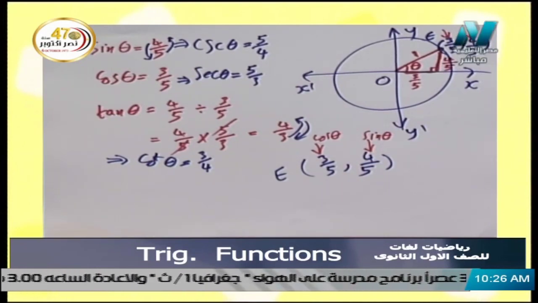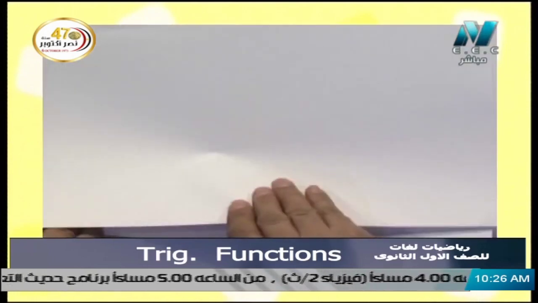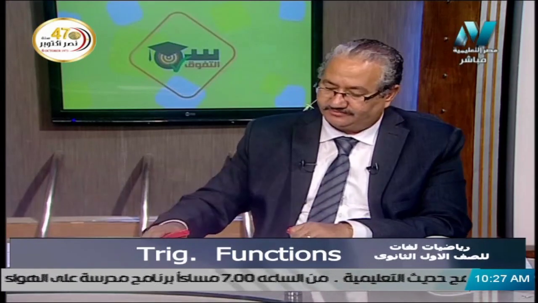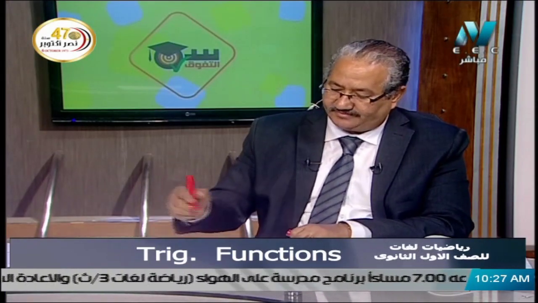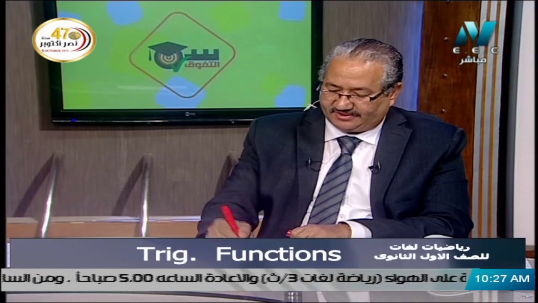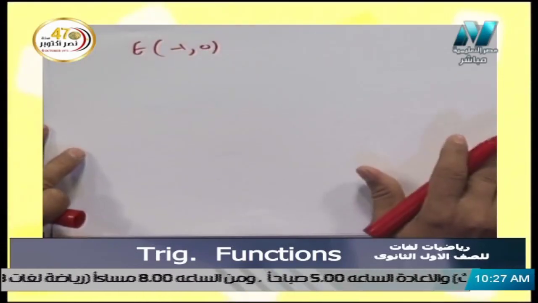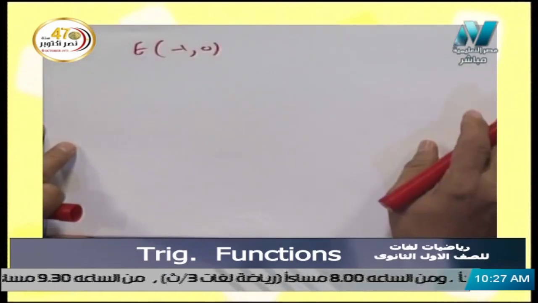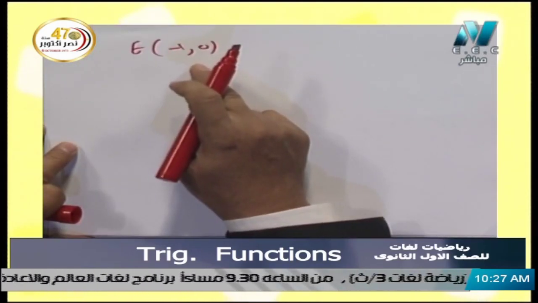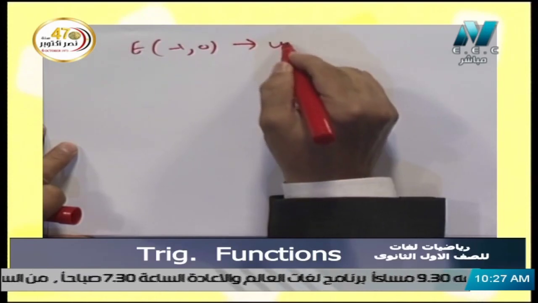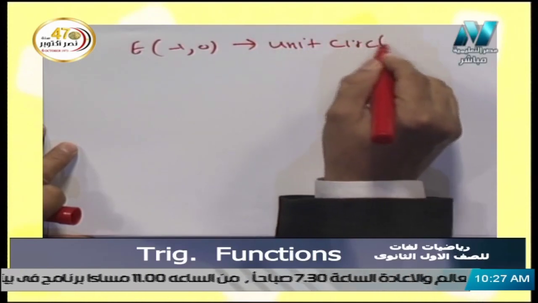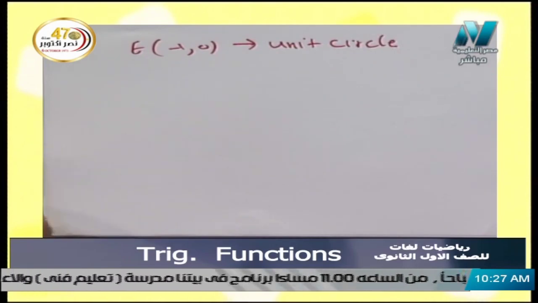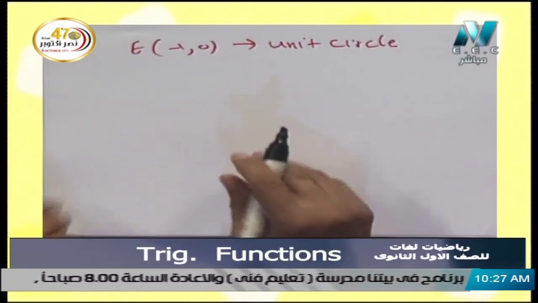Let's move to another example. If we have a point E which is -1 and 0, it's a point on the unit circle, and the request is to find the trig functions of this point.